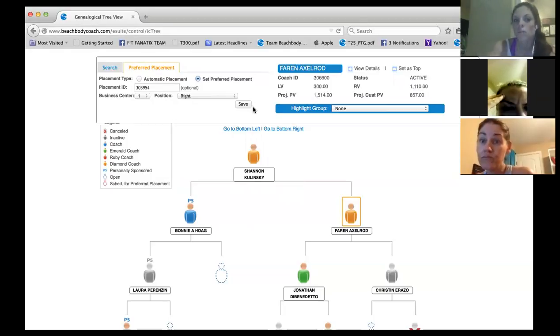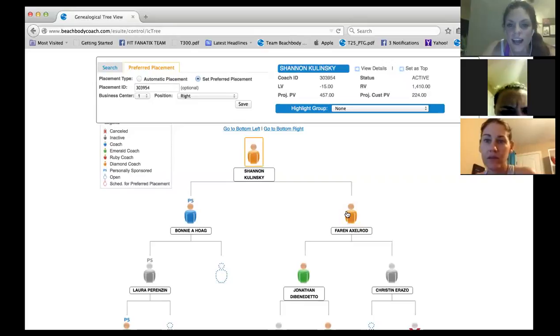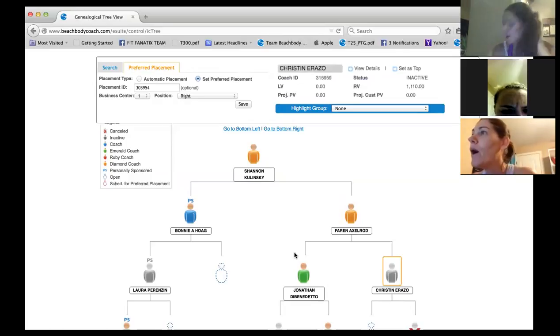So every time you save preferred placement, you have to make sure it has your coach ID there. You see how it says 303954, that's my coach. But if you click someone, it can accidentally put someone else's ID.